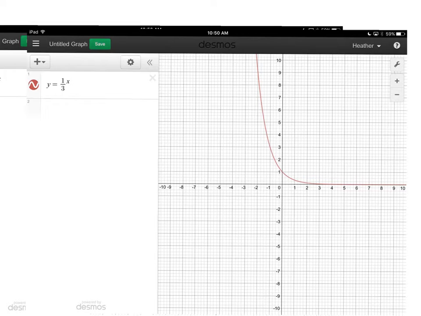The other things are not going to change for that one. If I did y equals 1/3 to the power of, and in the exponent I put an x plus 1, what would happen? It's going to move over which direction? If I put a +1 with the x. It's going to move to the left. So again, the y-intercept would change. The rest of those features would stay the same.